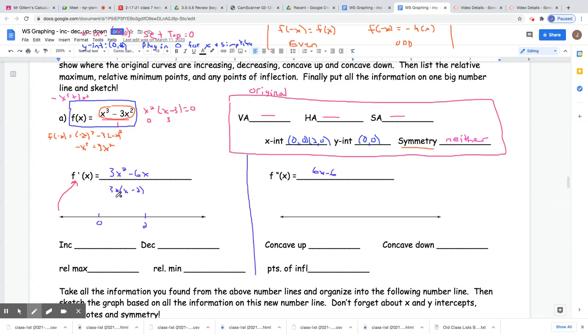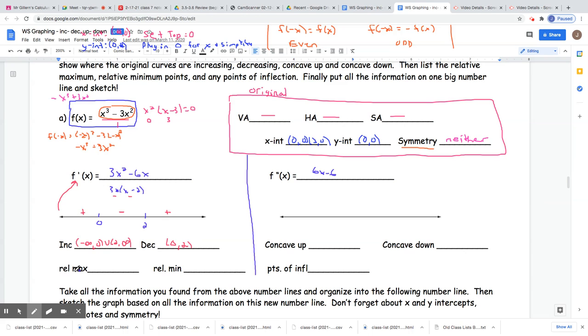When I plug in a negative number, anything less than 0, negative times a negative is a positive. I plug in 1, I get a positive times a negative, which is a negative. Plug in anything bigger, I get a positive times a positive, which is a positive. So this is increasing from negative infinity to 0, union 2 to infinity, and it's decreasing from 0 to 2.